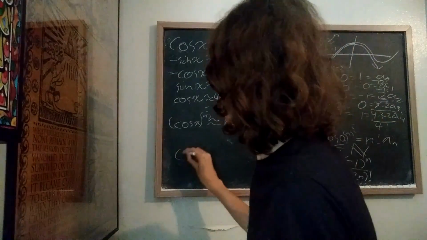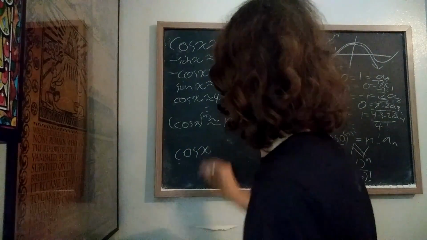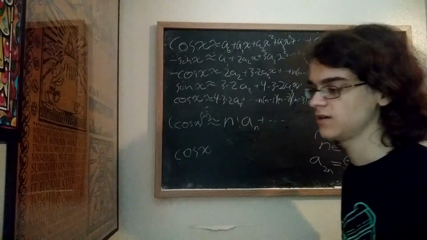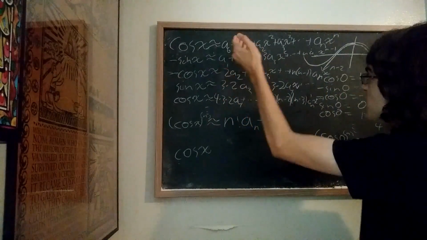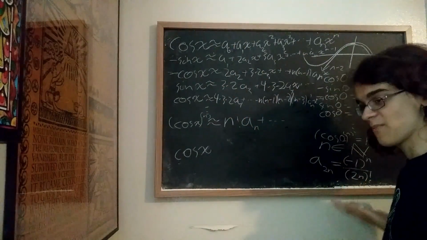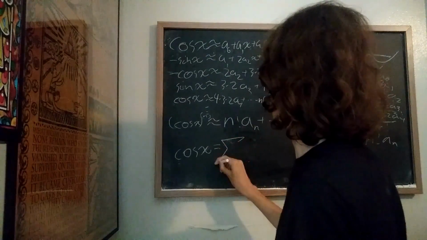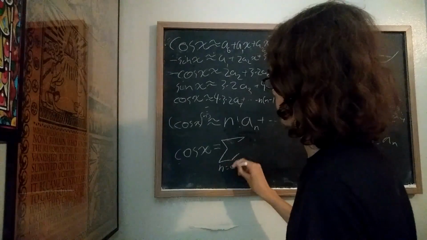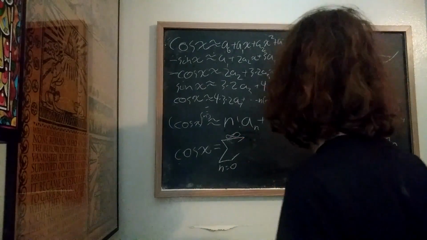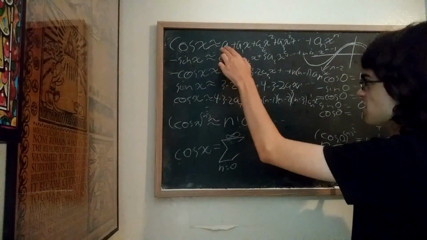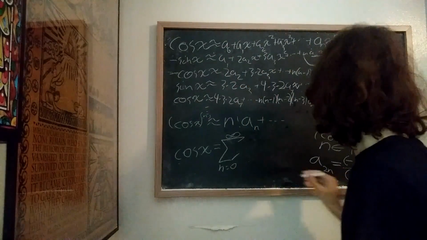And so we can write this as a sum, an infinite sum, because we just have things being added on, and we have this pattern here. And so we say that cosine x is the infinite sum running from n equals 0 to infinity. This is going to be the coefficients in front of each term.